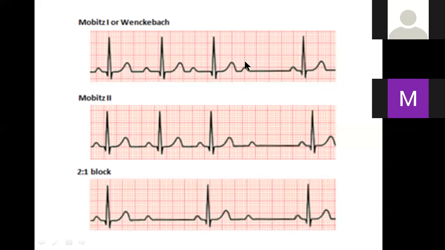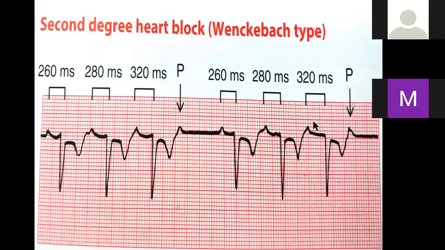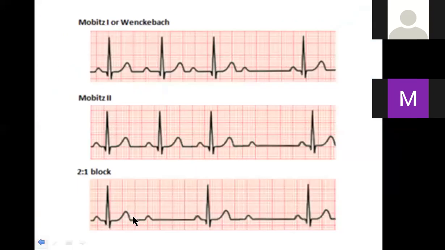And in Mobitz 2, the QRS complex suddenly drops without warning. And this is 2 to 1 block. After every two P waves, one drops. Two P waves, one QRS complex dropping. This is second degree heart block.